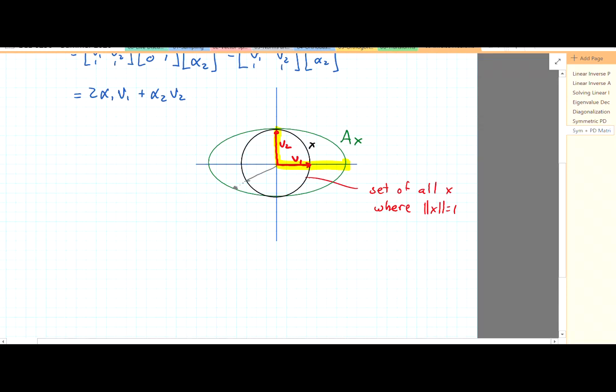Just two other little points here. One is, when we're solving equations, back to our initial problem, y is equal to Ax, and A is symmetric positive definite, then we already know that x is equal to A inverse y, because if it's positive definite, it will have an inverse.